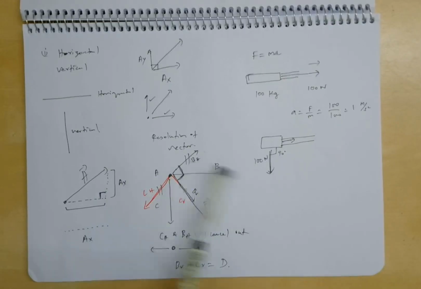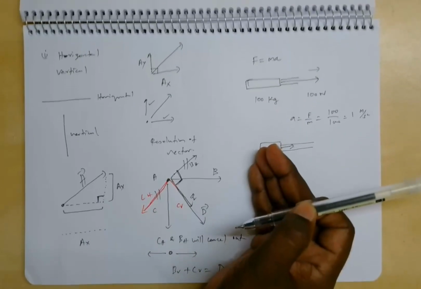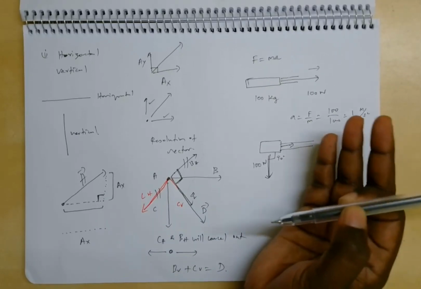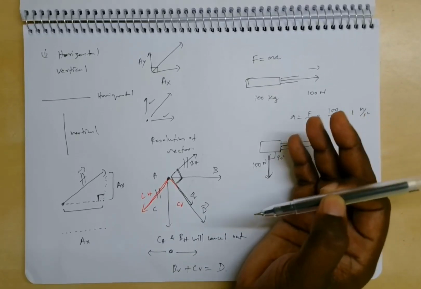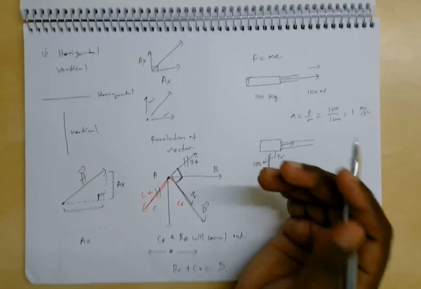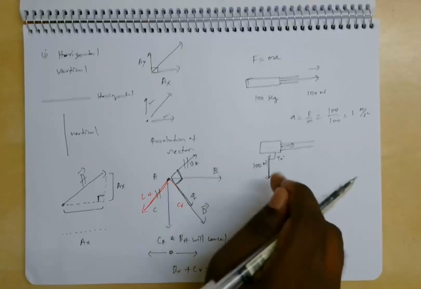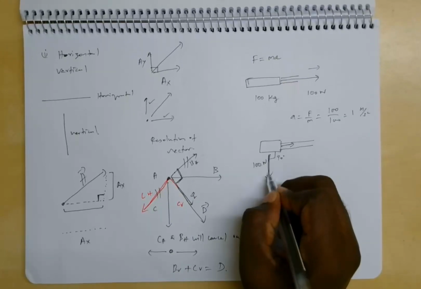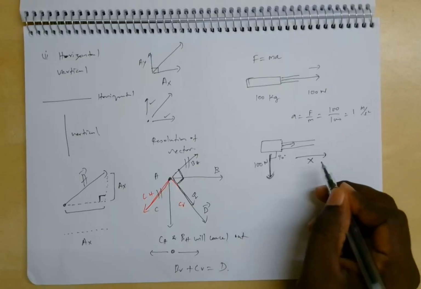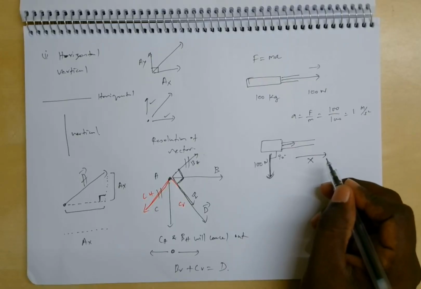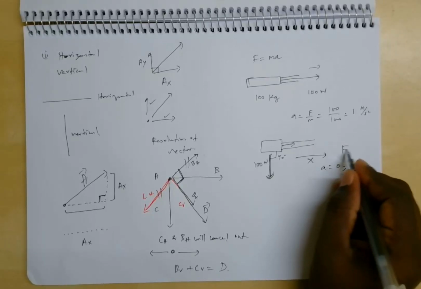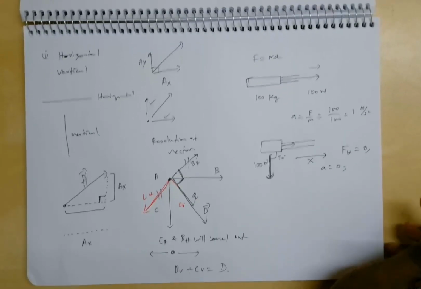Then it will not accelerate because all my force is perpendicular, right? This vector has no horizontal component. So acceleration is zero. So the horizontal component of the force is zero.